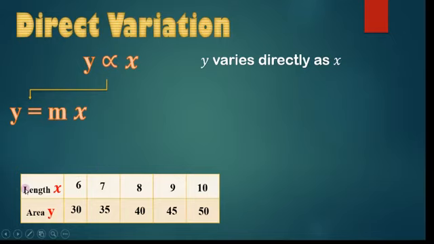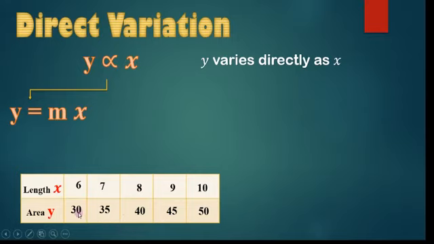Now I bring the previous table from the previous example to study this relation by using this rule. For example, if the length of the rectangle is x and the area is y, this is a direct relation as I explained before, because the length increases and the area increases.